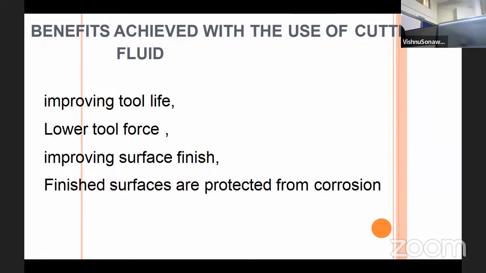The tool life, as I previously discussed, will be improved by using the proper cutting fluid, and the cutting force will be lower and lower. The specific cutting energy is lowered as we increase the cutting speed. The surface finish will be improved, and the finished surfaces will be protected from corrosion and erosion.